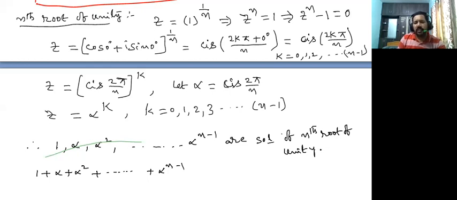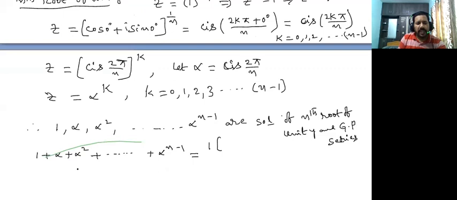Unity and roots are in GP series. Remember it. So the sum of n terms in GP series formula, already we know, is a into (r power n minus 1) by (r minus 1). What is r here? r means alpha, the common ratio. So alpha power n minus 1 by alpha minus 1.